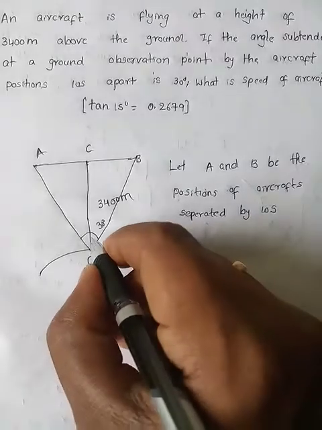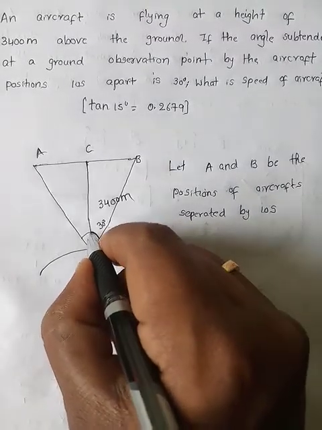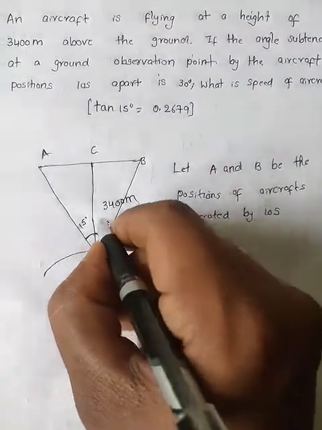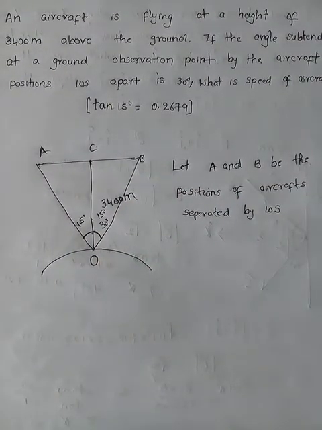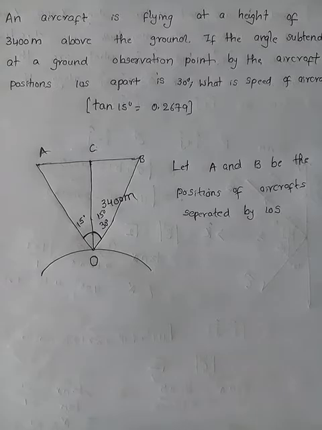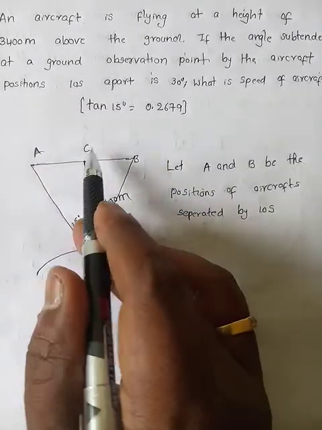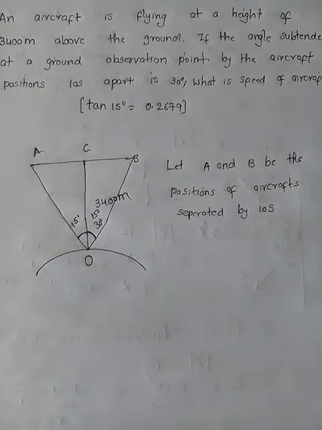Now we can divide this angle into 15 degrees and 15 degrees. I want to calculate the distance travelled, right? The distance travelled from A to B, or if you calculate A to C also, no problem.